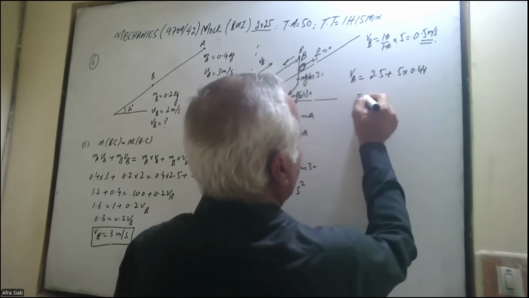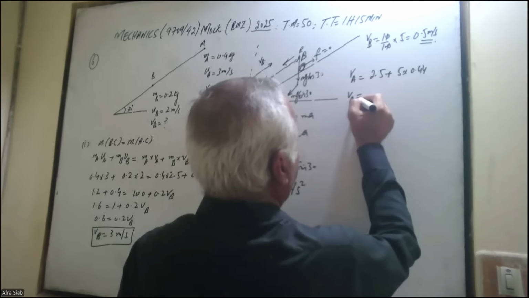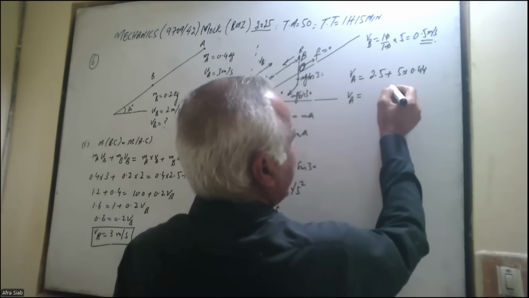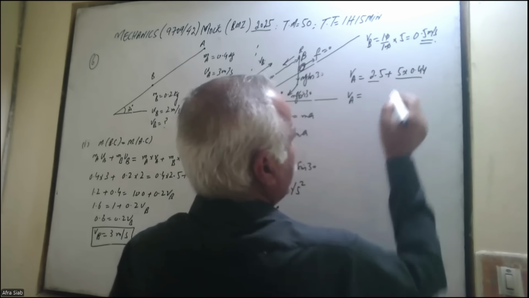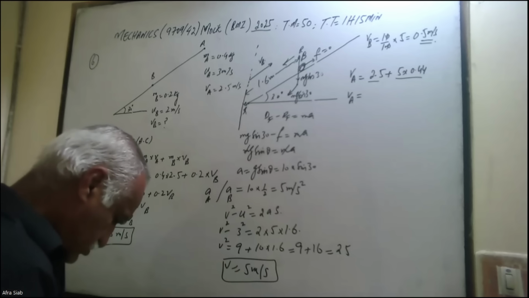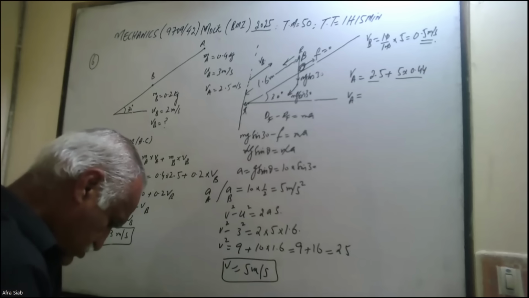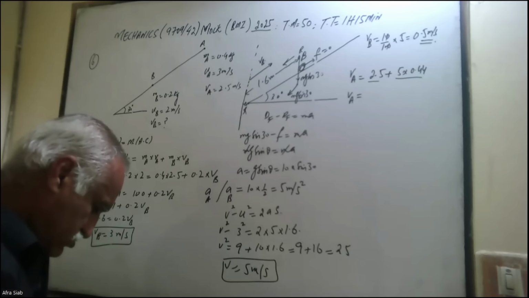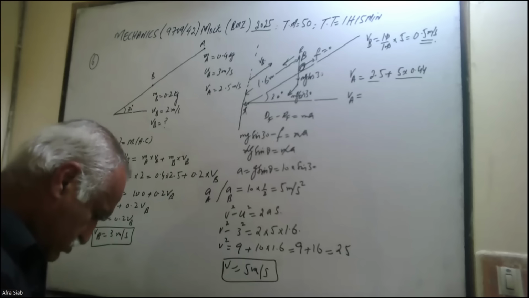So velocity of A before collision, after the second impact, is equal to 4.7 meters per second.